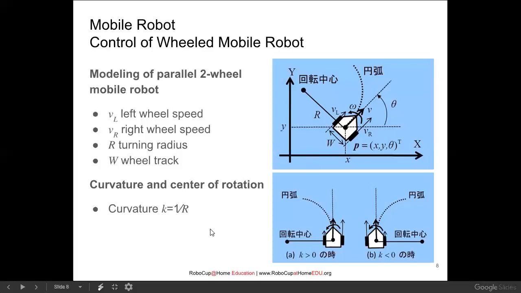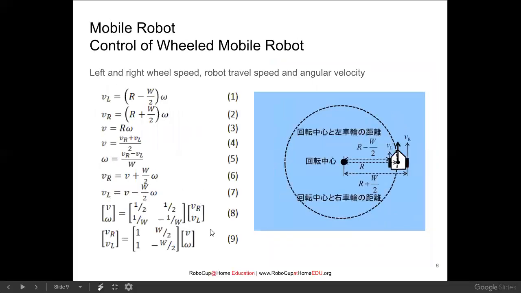Okay, so with those parameter definitions, we can derive the speed. The important thing in this slide is that we want to find the control parameters and the output parameters, which you can see in equations 8 and 9. So we can have the V and omega of the total robot, which is the speed and also the rotation of the robot, with respect to the left and right speed.